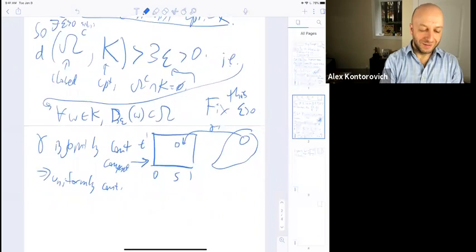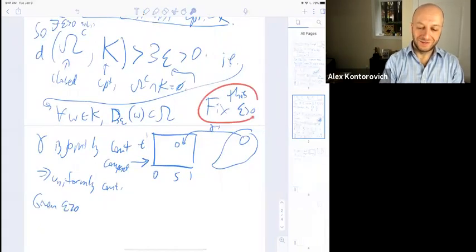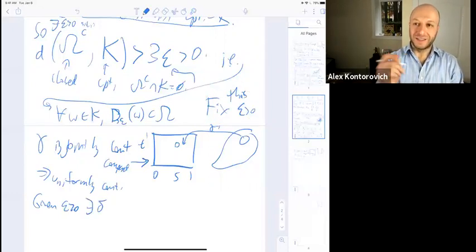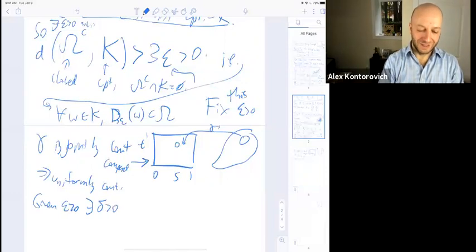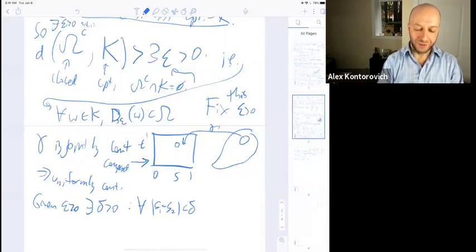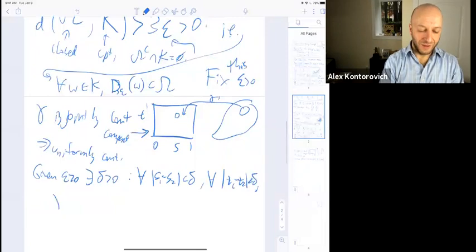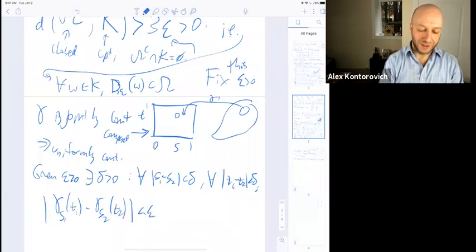What does that mean? Given epsilon, such as this epsilon, there exists delta independent of S and T, such that for all, let's say, S1 and S2 differing by less than delta, and for all T1 and T2 differing by less than delta, the image gamma S1 T1 minus gamma S2 T2 is less than epsilon.